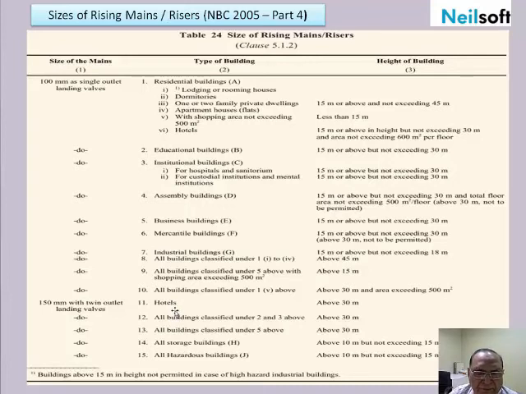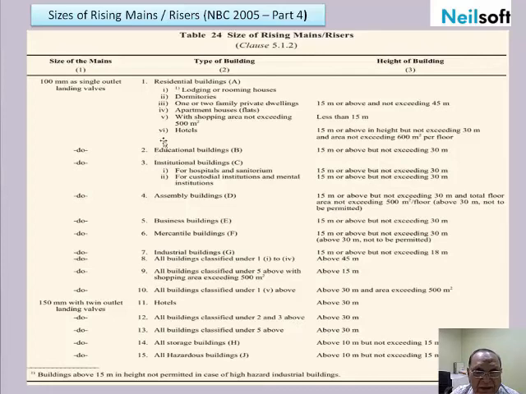For example, once we see a hotel over here and the other occupancies here also, those are varying according to the height of the buildings, and the requirement for the single hydrant or the double hydrants will vary accordingly. See, all buildings classified under 2 and 3 above 30 meters.